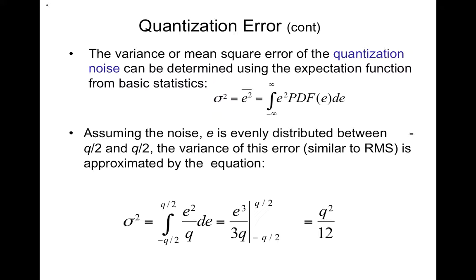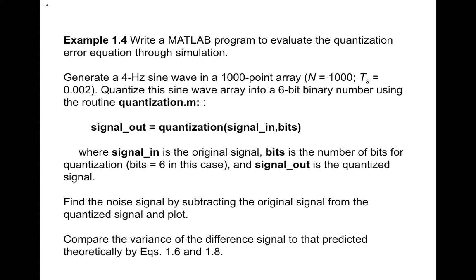Okay, so we won't really talk about this much other than to say you can determine the noise due to the quantization error, and then there's some additional practice in how to write a MATLAB program that evaluates the quantization error. If we have a 4 Hz sine wave in a 1,000-point array, so we have 1,000 points and our sample interval is 0.002, and we want to quantize this into a 6-bit binary number, that can be done using this routine quantization.m, a file given by the textbook author.